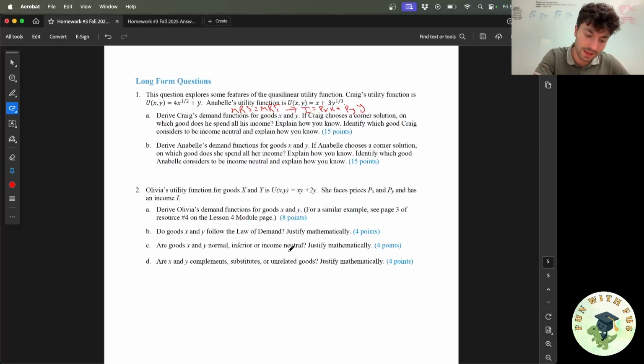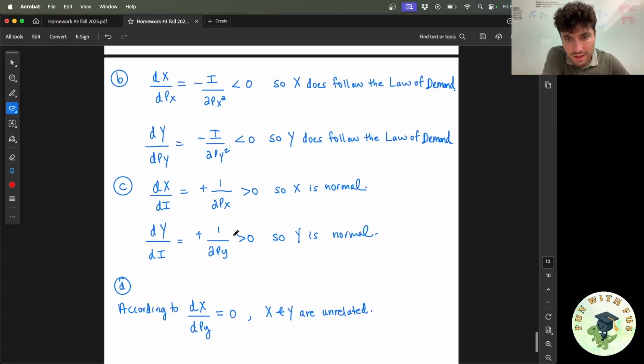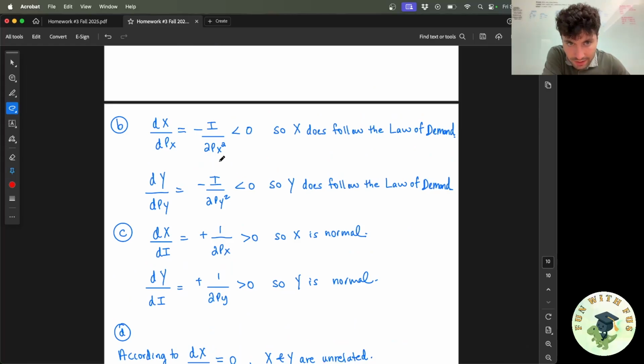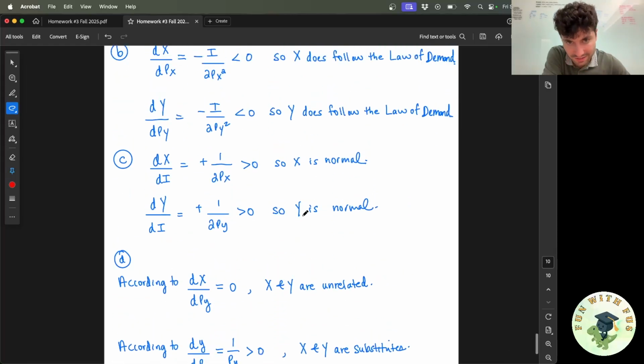So if I'm looking at X, then I'm taking the price of Y, or if I'm looking at Y, I'm taking the price of X. This stuff is pretty chill, particularly B and C. I think we have plenty of practice on this homework to take derivatives, real derivatives, however you want to do it.